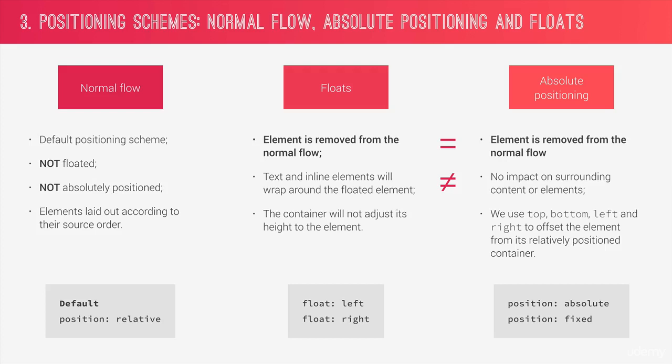So there's one piece left in the puzzle of the visual formatting model: stacking contexts. So, stacking contexts are what determine in which order elements are rendered on the page. A new stacking context can be created by different CSS properties, where the most widely known is z-index. But there are other properties that also create new stacking contexts.